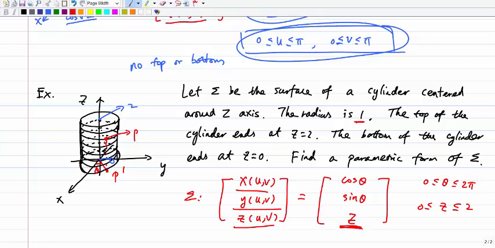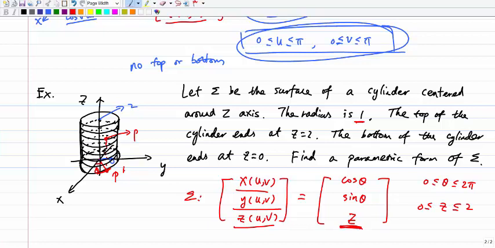The second one is how do I find this point x, y. We just project this point back onto the bottom. Because this point is on the surface, you just project back directly onto this circle, the bottom circle.